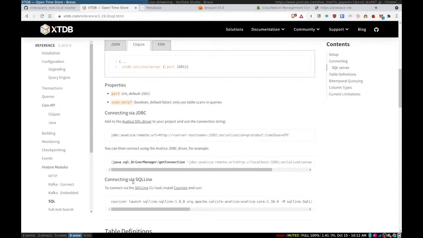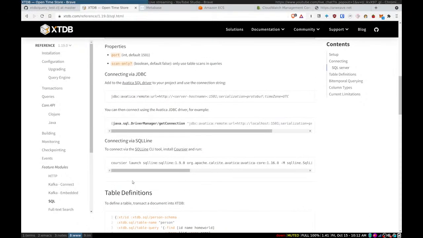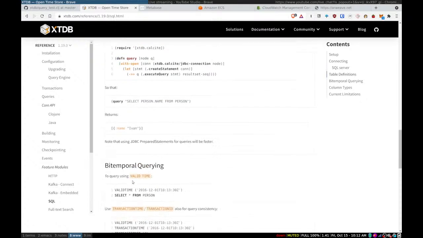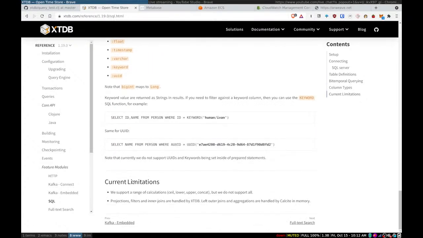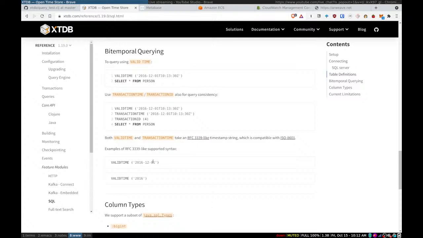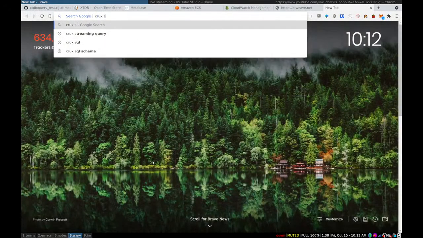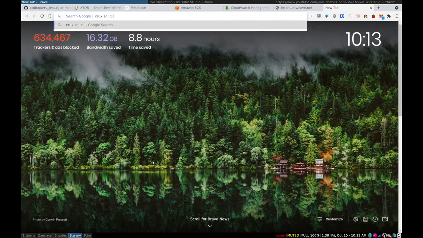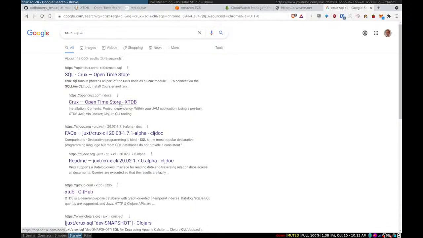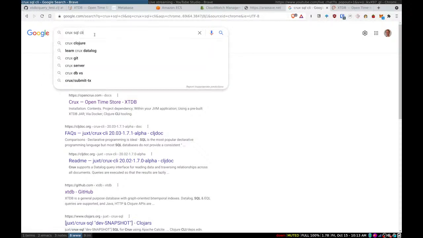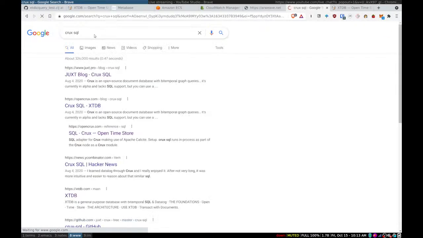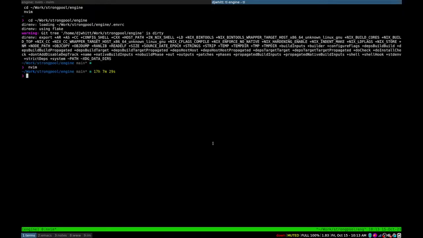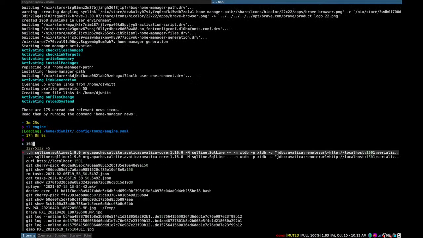Oh man, I bet if I search for crux SQL CLI. I bet I could find it by port too. So 15.0.